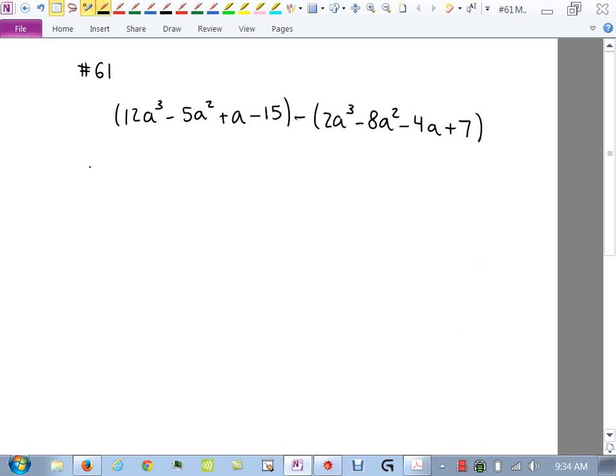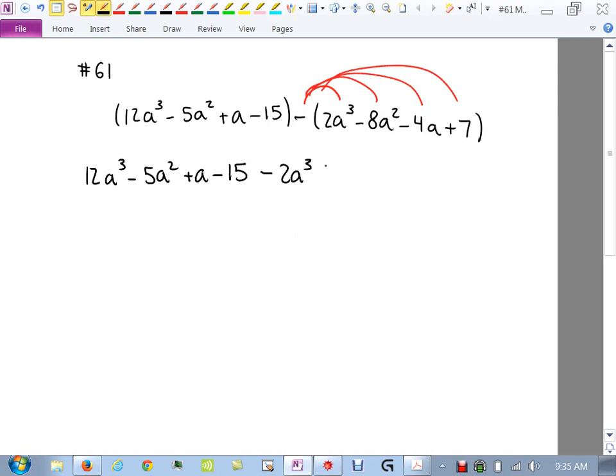So I'll have my 12a cubed minus 5a squared plus a minus 15. And then when I take this negative sign and distribute, it changes all the signs, so it'll become minus 2a cubed plus 8a squared plus 4a minus 7.